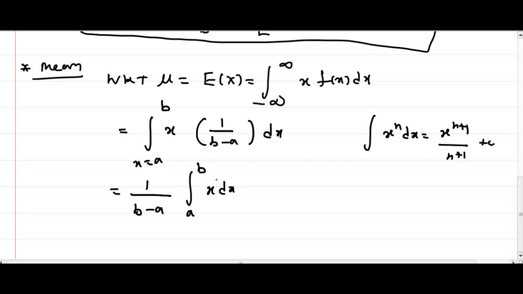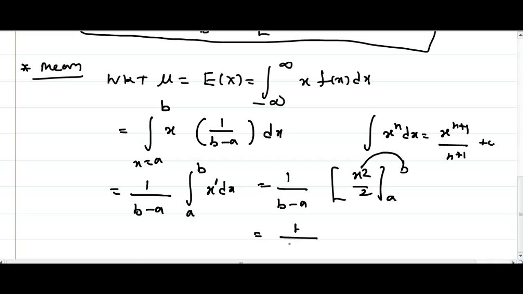Here n is 1. Using this formula, we get 1 by b minus a into x square by 2, limits from a to b. Now substitute x equal to upper limit minus lower limit, and we get 1 by b minus a into b square by 2 minus a square by 2. So we can write this.